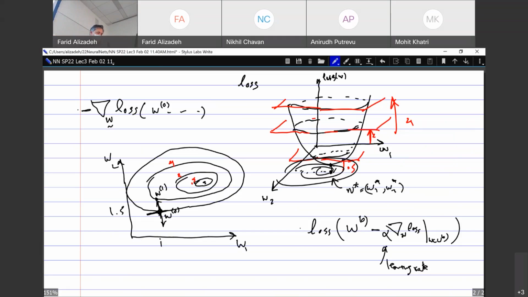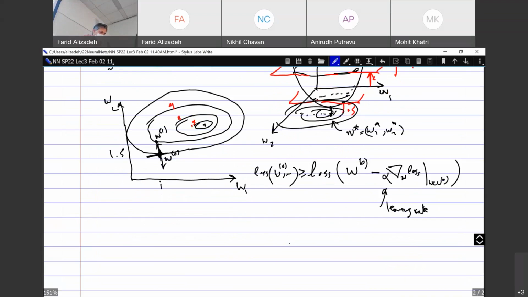Our objective is to make the loss smaller, less than the loss at the original point. So where I am, evaluate loss at that point, evaluate the gradient.